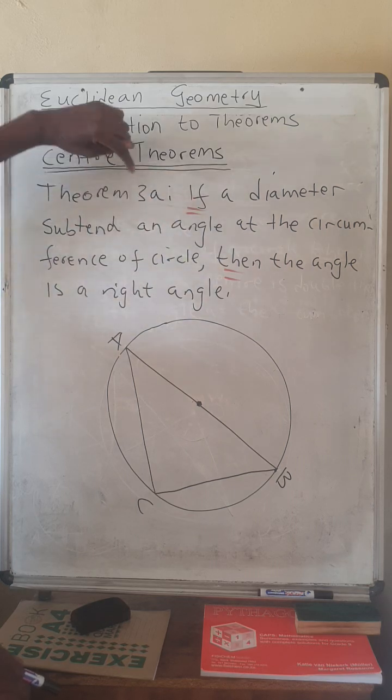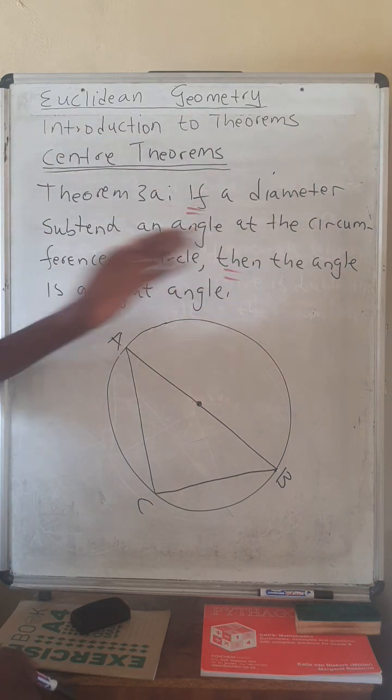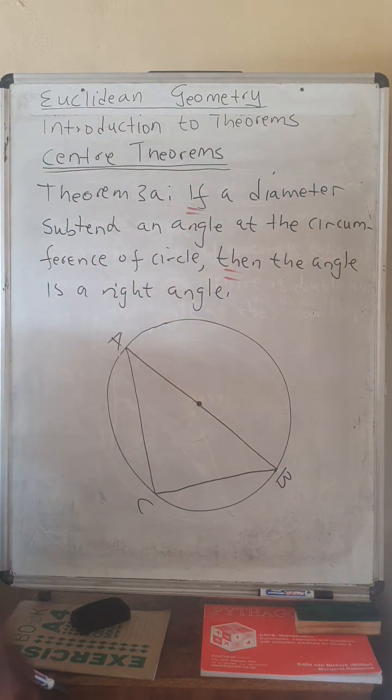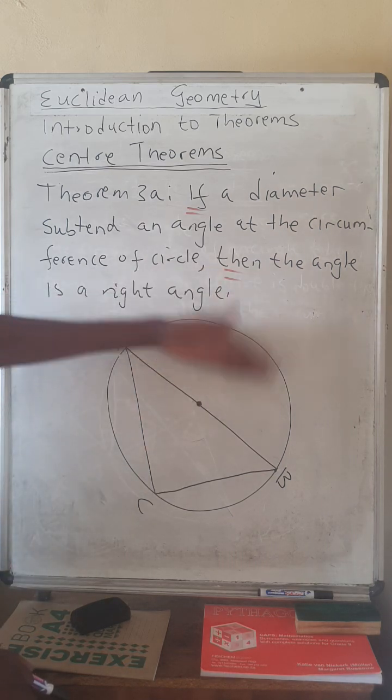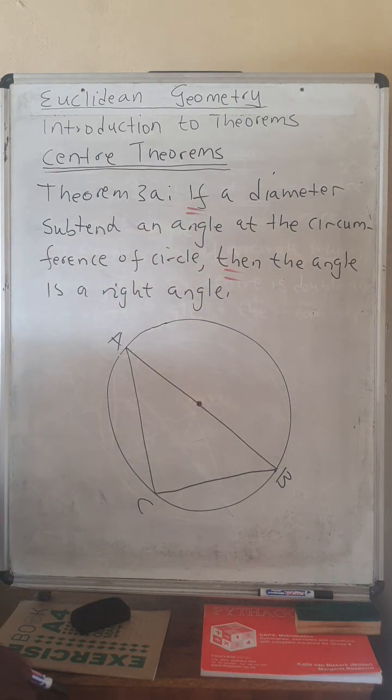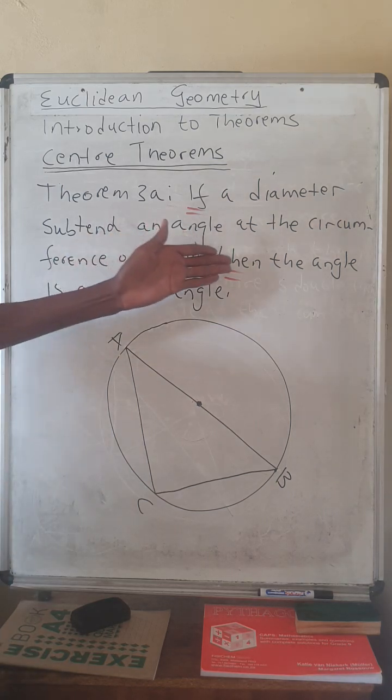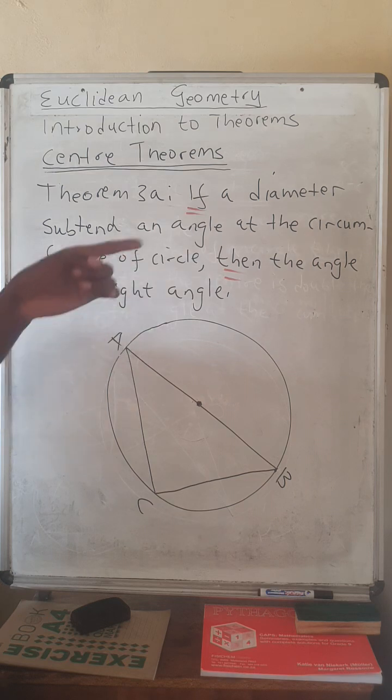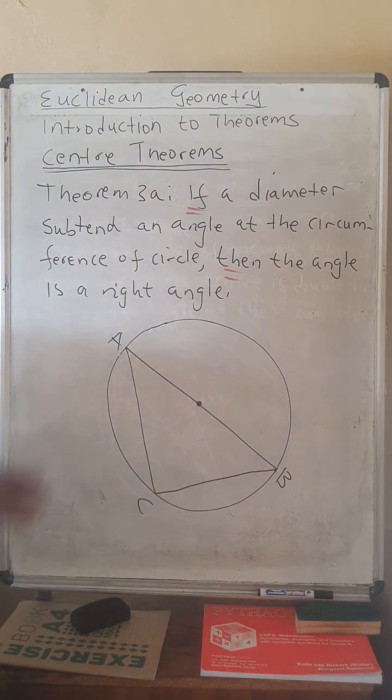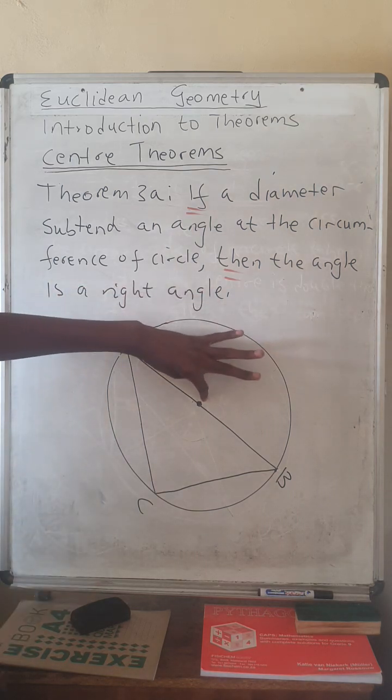Yes. Remember, we said the condition here is a diameter that subtends an angle at the circumference. Am I having a diameter that is subtending an angle at the circumference? Yes. Now can I conclude? Yes. What becomes the conclusion? Then the angle is a right angle. So it means that the angle that has been subtended by that diameter will be a right angle. Which angle is being subtended by this diameter?